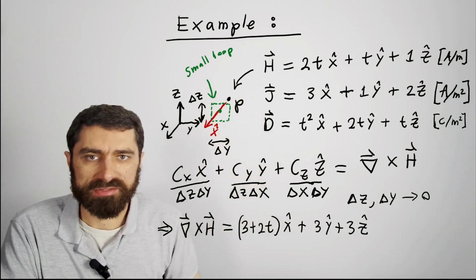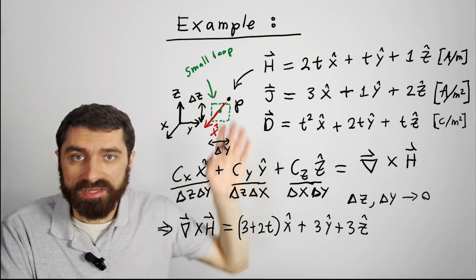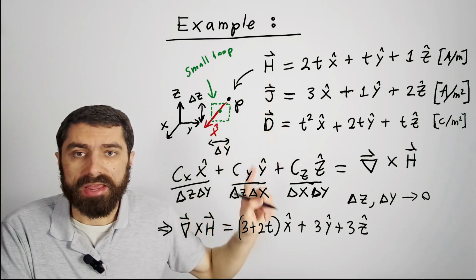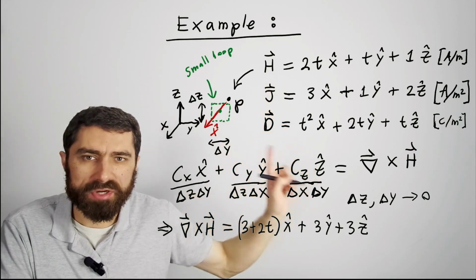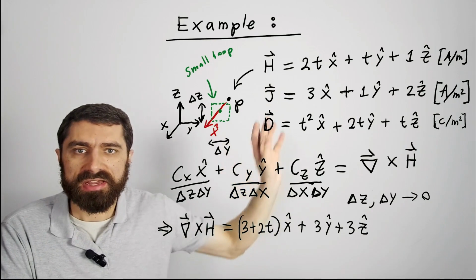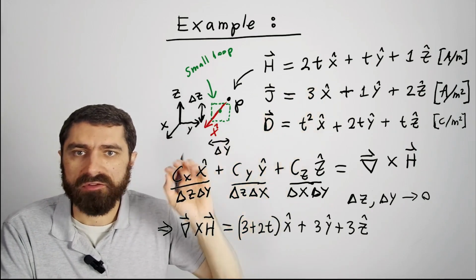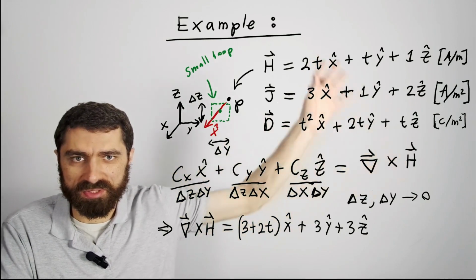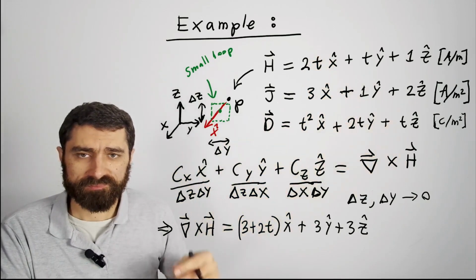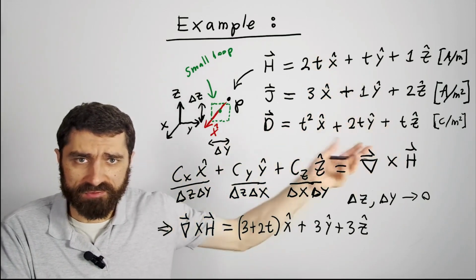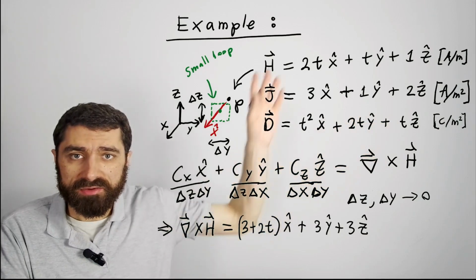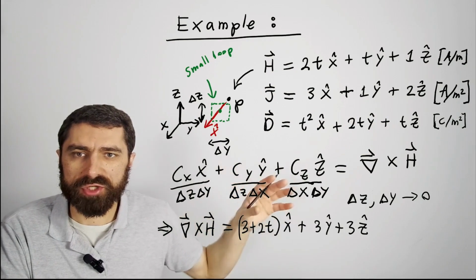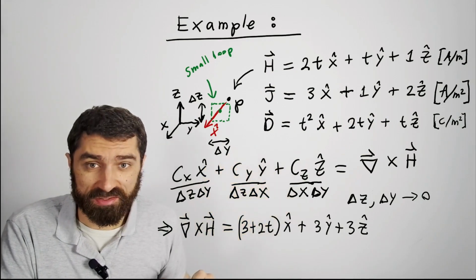Another thing I want to clarify is that here I gave you different values for H, J, and D. And this was for a specific point in space. So this is after you plug in values for x, y, and z, and then assuming this is what you have there, it is a function of time, but with these values I'm not specifying how they are functions of x, y, and z.